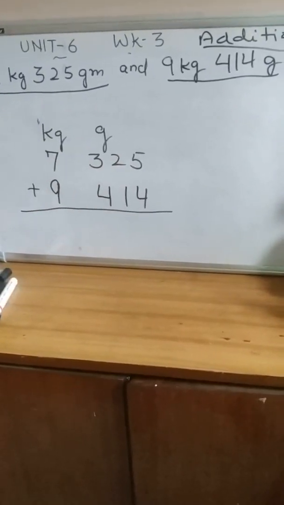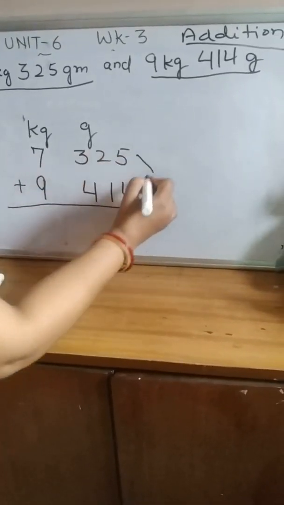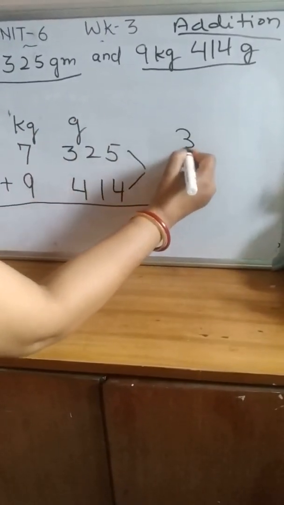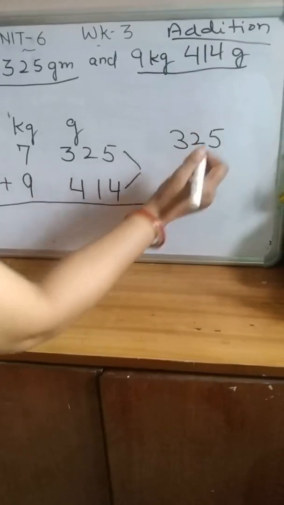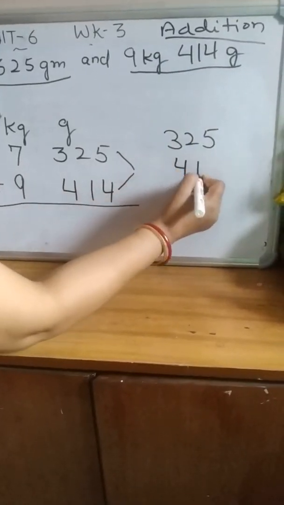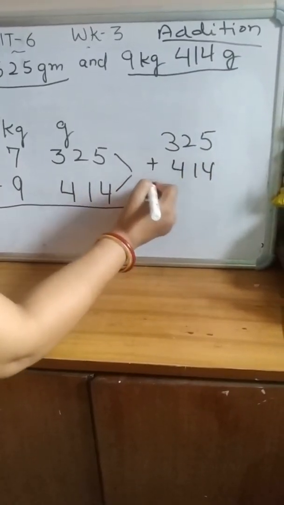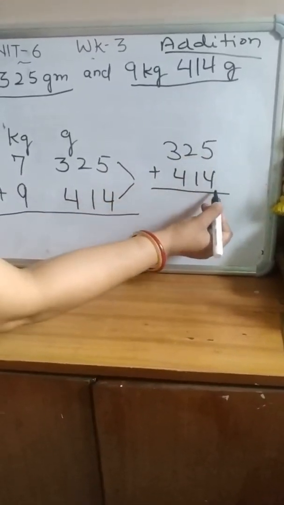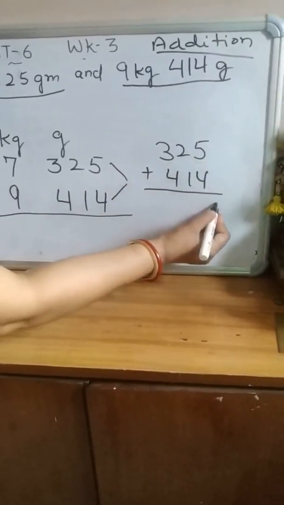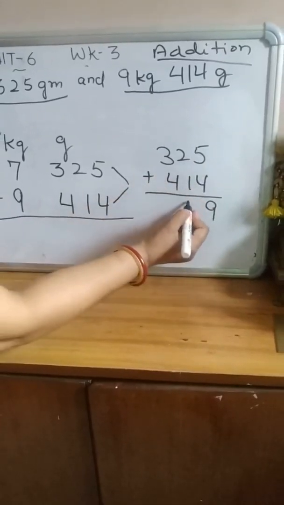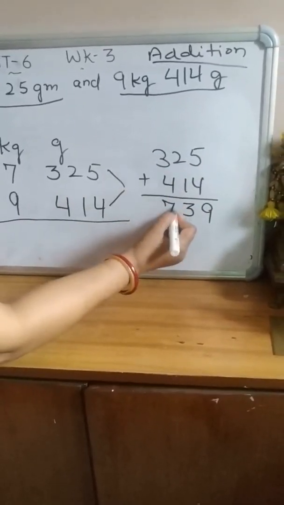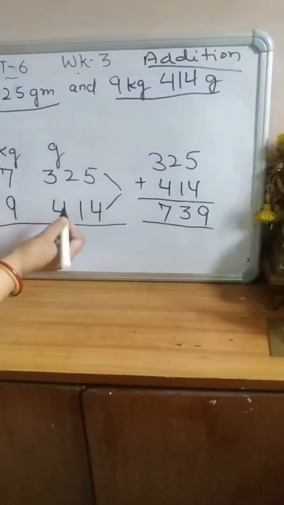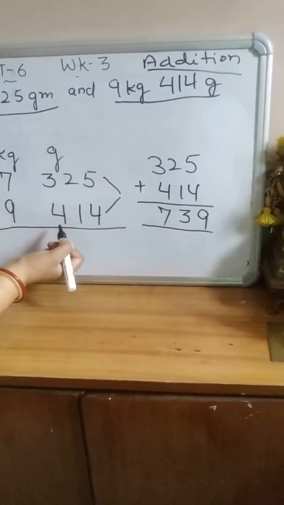Now what we will do? We will first add the gram column. So what will be the answer after addition? 325 plus 414. Start from the right hand side. 5 plus 4, 9. 2 plus 1, 3. 3 plus 4, 7. So here you see that there are 3 digits. So we can write up to 3 digits in the gram column.